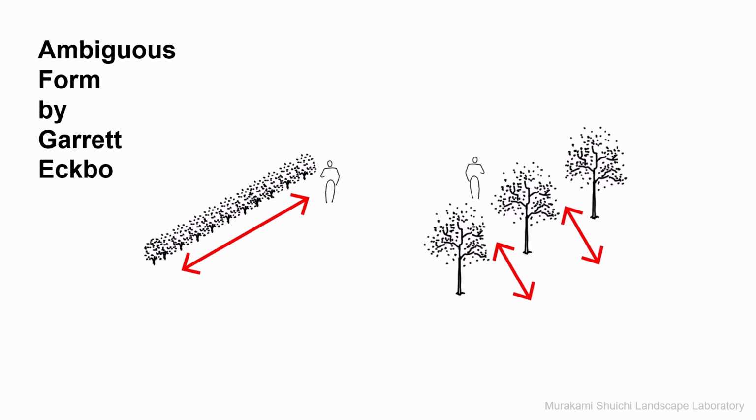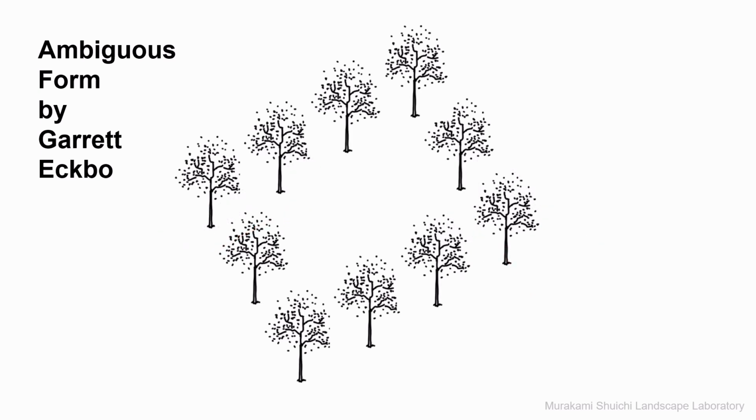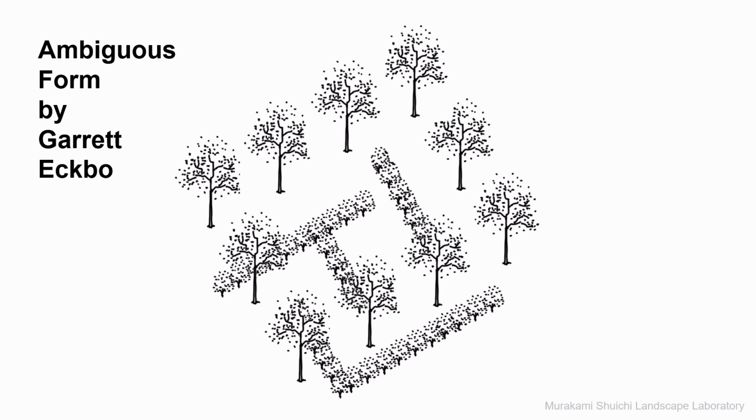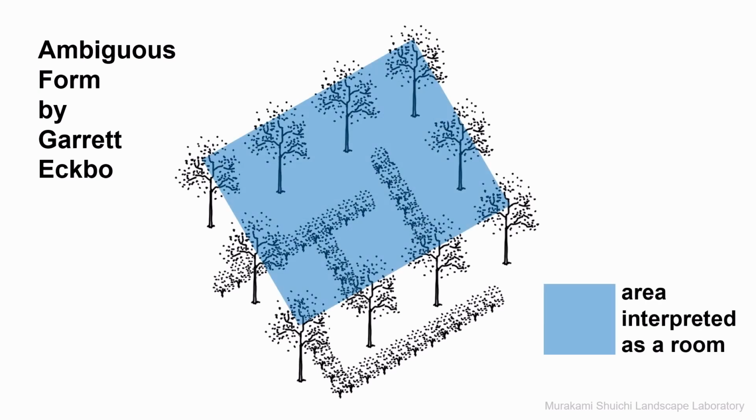Tall trees, spaced apart, allow people to pass through them freely. By combining the enclosing quality of shrubs with the permeable quality of tall trees, Eckbo deepened the spatial ambiguity, adding another layer of a room of tall trees over the rooms of the low shrubs.